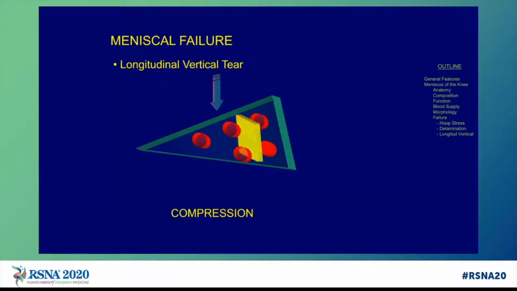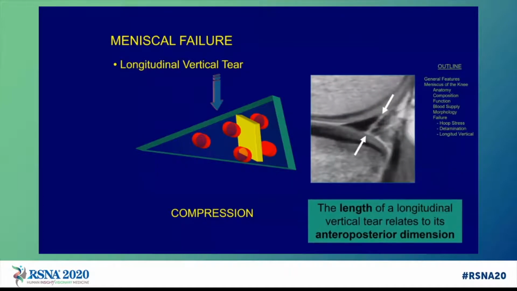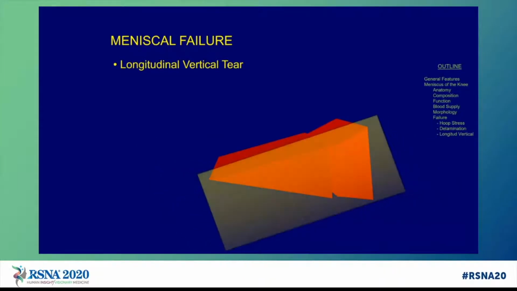It changes direction. It takes the path of least resistance. This is a longitudinal vertical tear. Longitudinal because it's an AP dimension, vertical because it's mainly vertical. The length of this longitudinal vertical tear relates to its antero-posterior dimension.